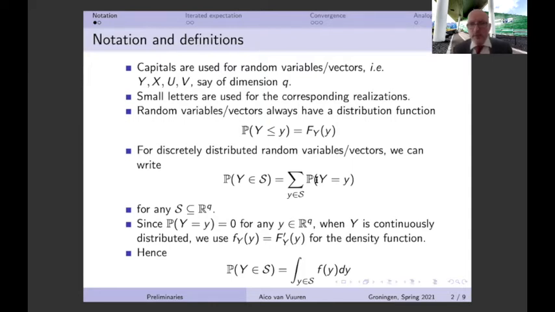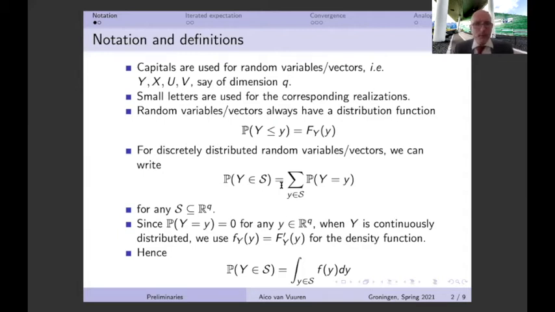A very simple example: if we throw a dice, and we would like to know the probability that we throw either 1 or 5, well, that's of course equal to the probability that we have 1 plus the probability that we have 5. This is very simple, of course, for discretely distributed random variables.